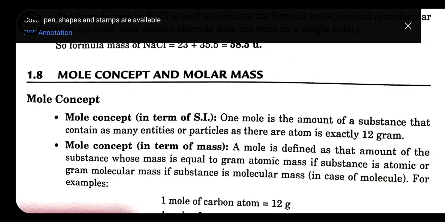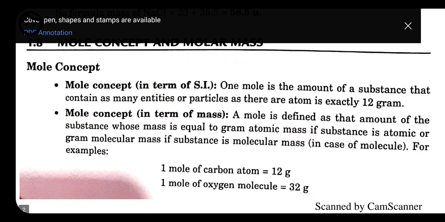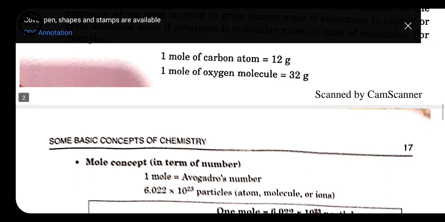So with the help of this we have given a unit to those substances. Whenever we say 1 dozen, it is easily understood that we are asking for 12. So if we are talking about 1 mole, 1 mole is equal to 6.022 × 10^23, which is called Avogadro's number.